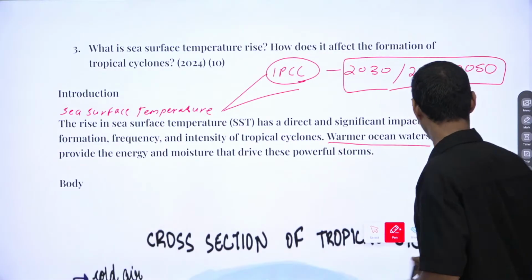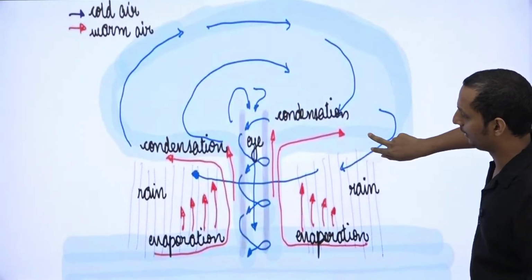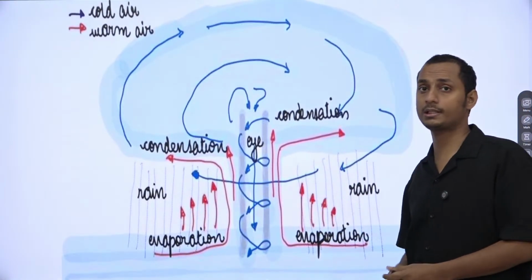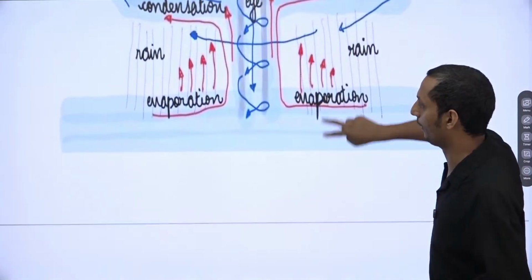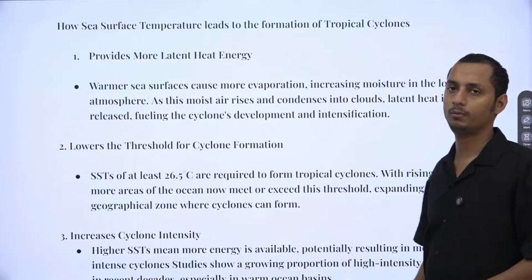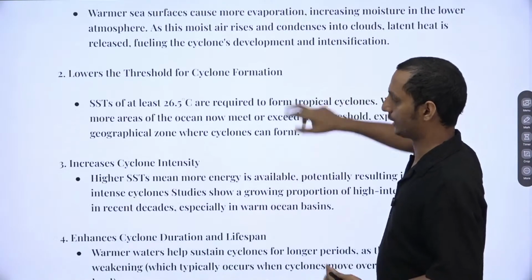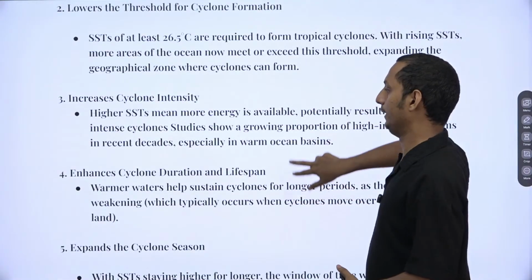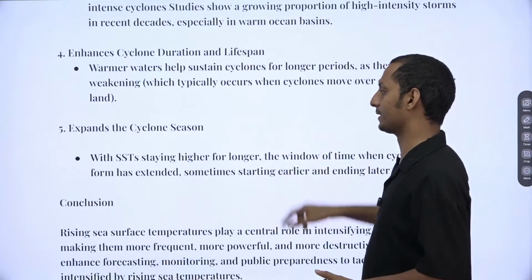Now, you provide a diagram regarding how the sea surface temperature increase leads to the formation of tropical cyclones. Then you mention why it leads to latent heat energy, lowers the threshold of tropical cyclones, increases cyclone intensity, enhances cyclone duration and lifespan, and expands the cyclone season.